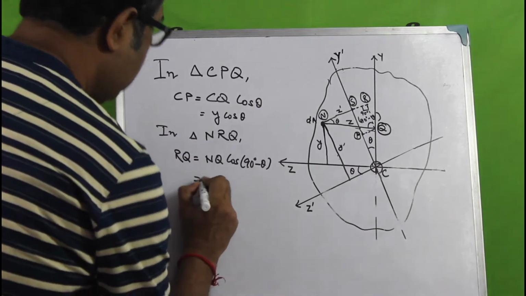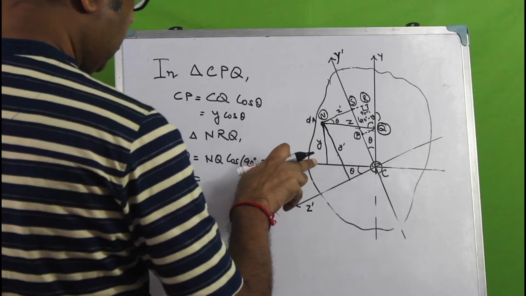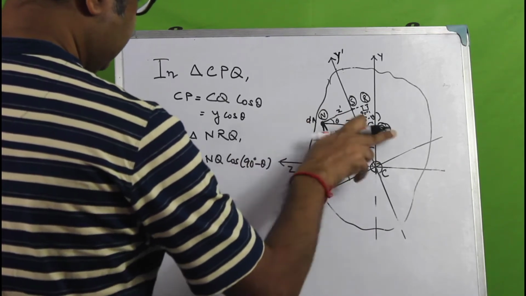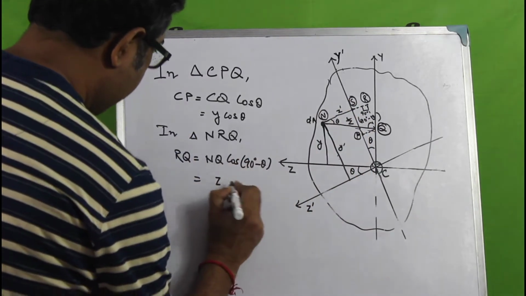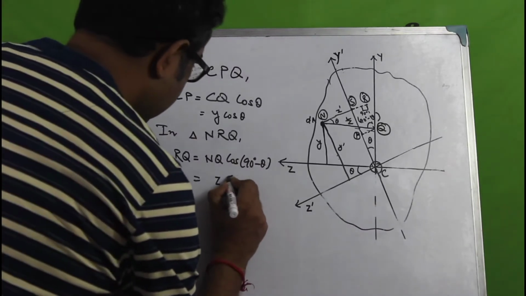So what is NQ? The value of NQ is equal to this value, or Z. NQ is nothing but this value Z. So it would be Z, and what would be cos 90 minus theta? It would be nothing but sin theta.